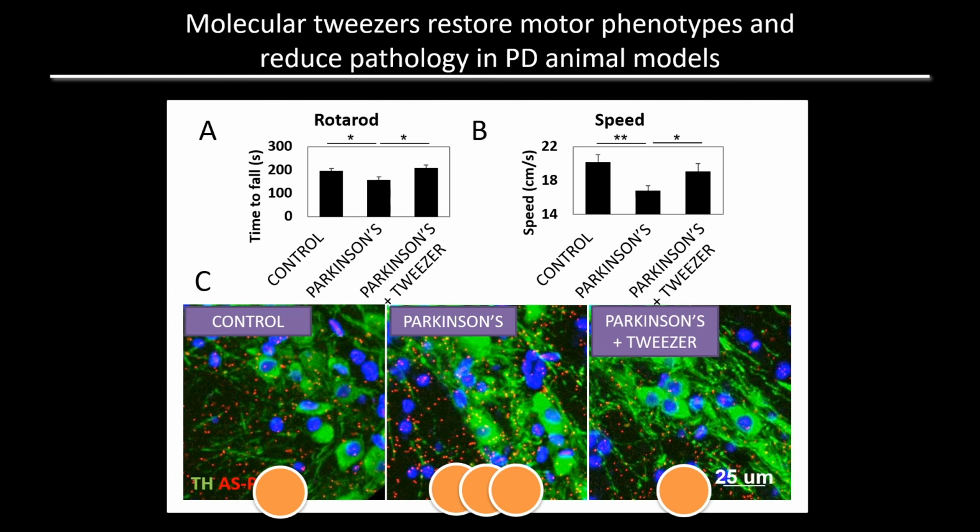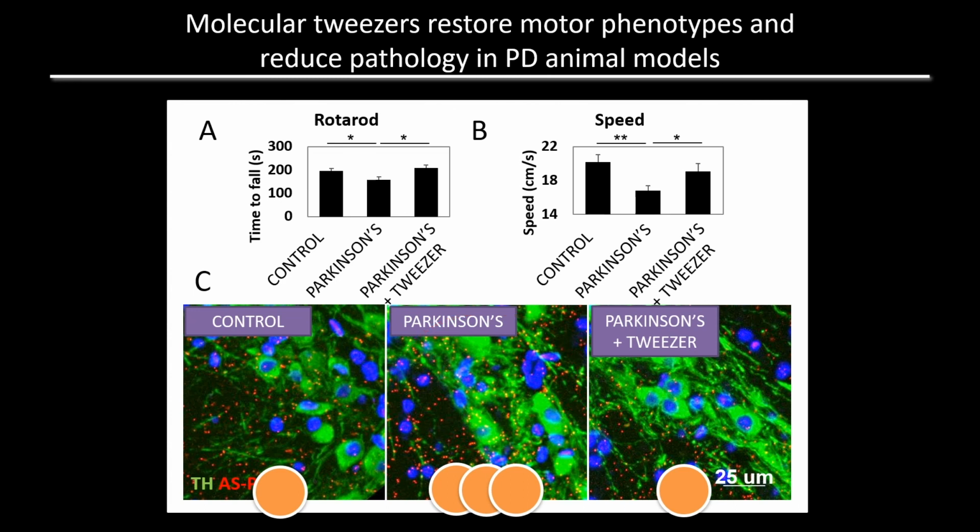But perhaps more excitingly, we can highlight the early clumps or aggregates in the brains of these animals with these red little dots or puncta. Control animals will have a lot of puncta, but when we look at Parkinsonian animals, they will have perhaps double the load of pathology or clumps.